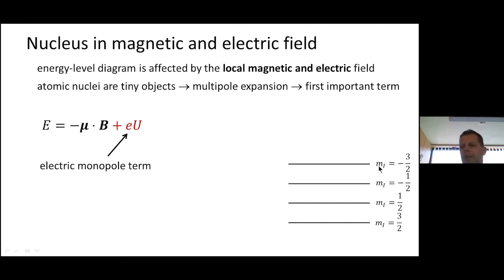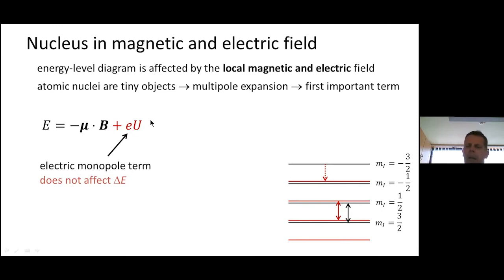So in other words, it doesn't depend on magnetic quantum number. So it only shifts all the energy levels equally and does not affect the transition frequency or the energy splitting. So by NMR spectroscopy, we therefore cannot determine this interaction, or we cannot determine the electric potential.